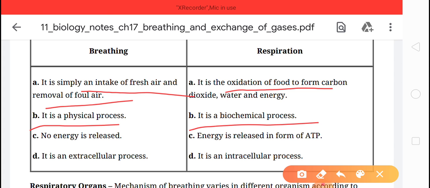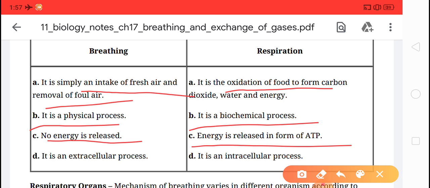In breathing, no energy is released. It only exchanges the gases. While in respiration, energy is released in the form of ATP. Breathing is an extracellular process while respiration is an intracellular process. So respiration is intracellular, and breathing is extracellular.